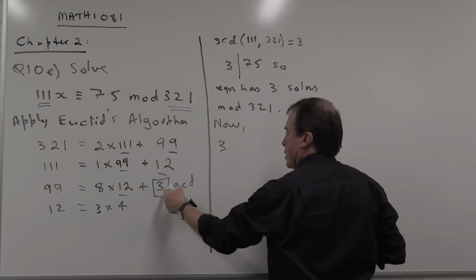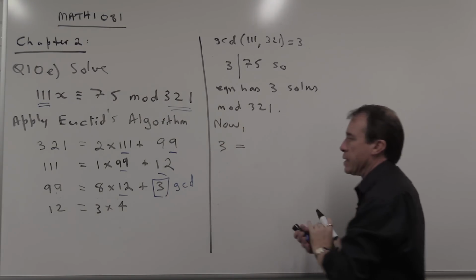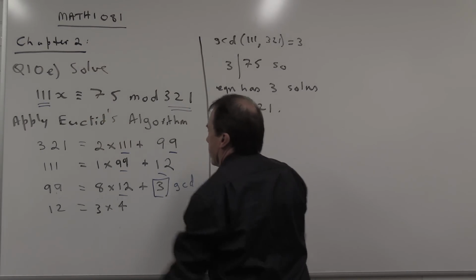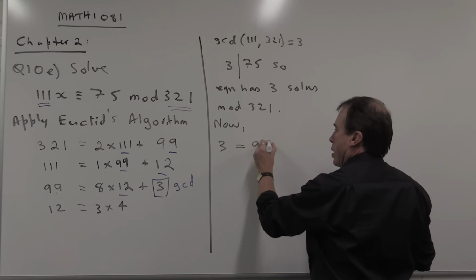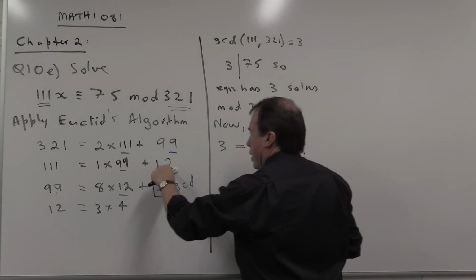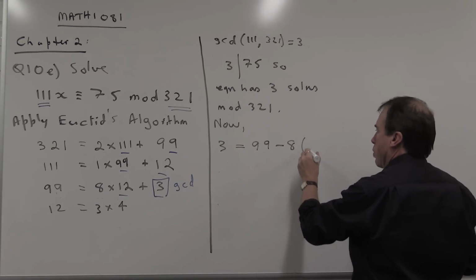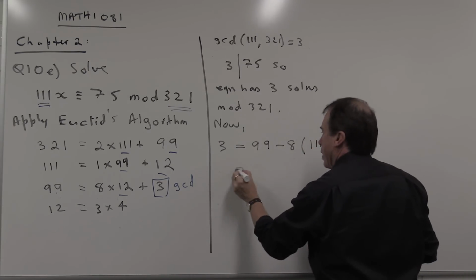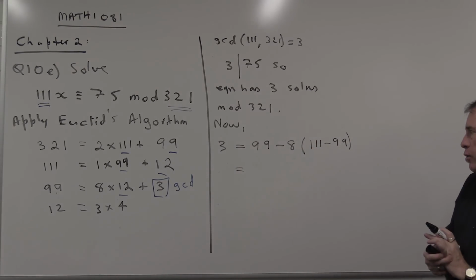So I take the GCD and I'm going to write it as an integer linear combination of these two numbers that I started with. So that's 99 minus 8 times 12. And I'm going to cut a step here and say, look, 12 is the same as 111 minus 99. Now think of these as lots of.